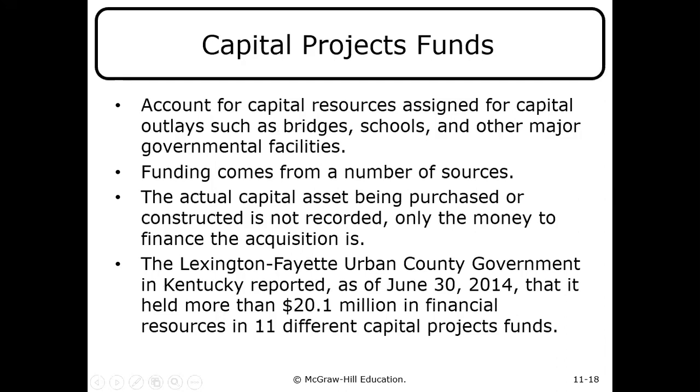The next type of fund is a capital projects fund. Now, capital projects, as the title implies, is a fund for financial resources restricted, committed, or assigned for capital outlays, such as acquiring or constructing bridges, high schools, roads, municipal office complexes.